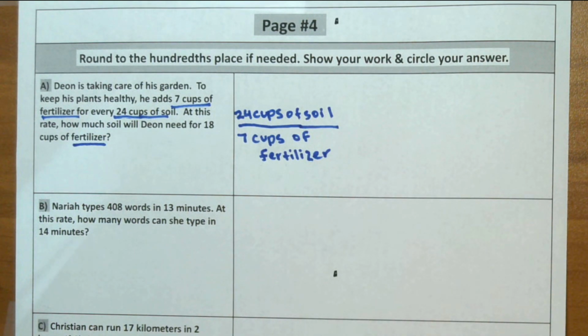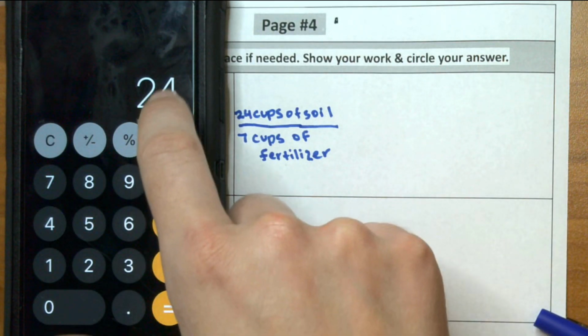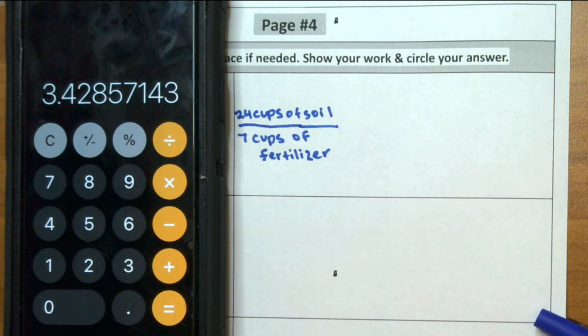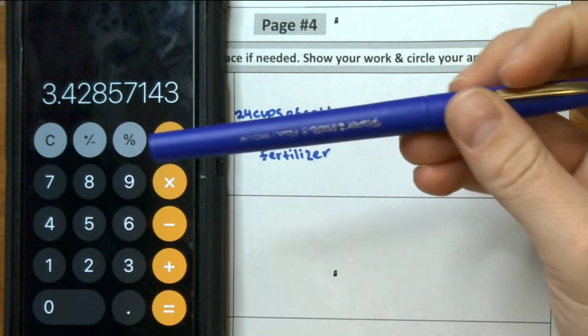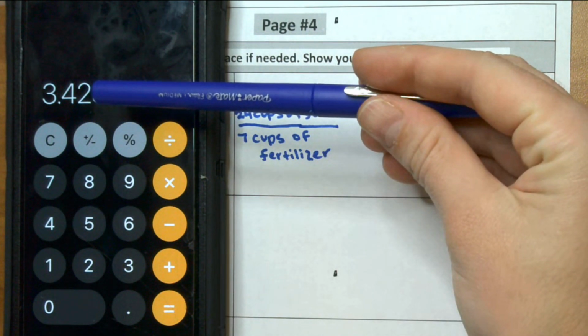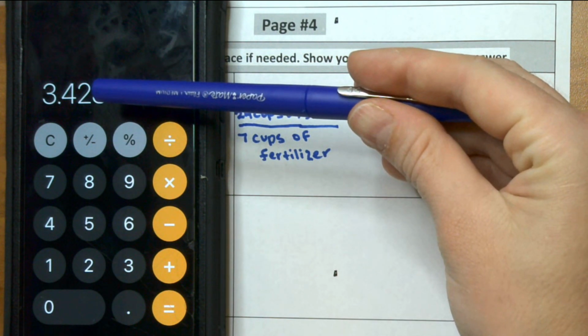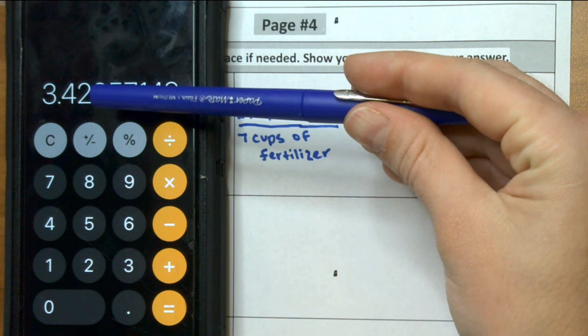So just remember, the problem won't always give it to you in the order that you need to divide. So you have to think, what do I need 1 of? So now I'll do 24 cups of soil divided by 7 cups of fertilizer, and I get this long number. I know we're only going 2 numbers to the right of the decimal, so this is either going to be 3.42 or it's going to go up 1 to 3.43.